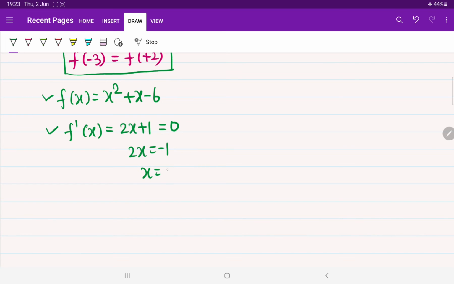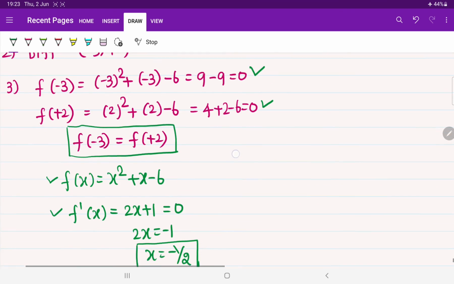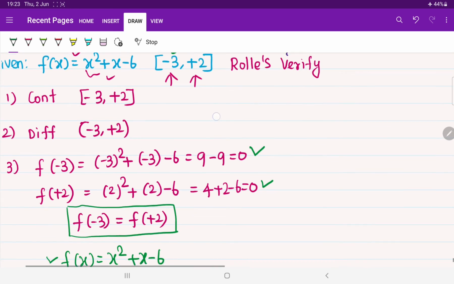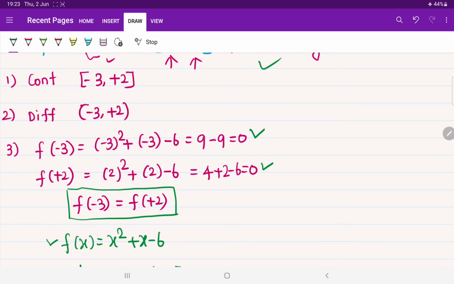Then the value of x will become -1/2. Check whether this value lies between the given interval or not. -1/2 lies between -3, +2 only. So, Rolle's theorem is successfully verified.